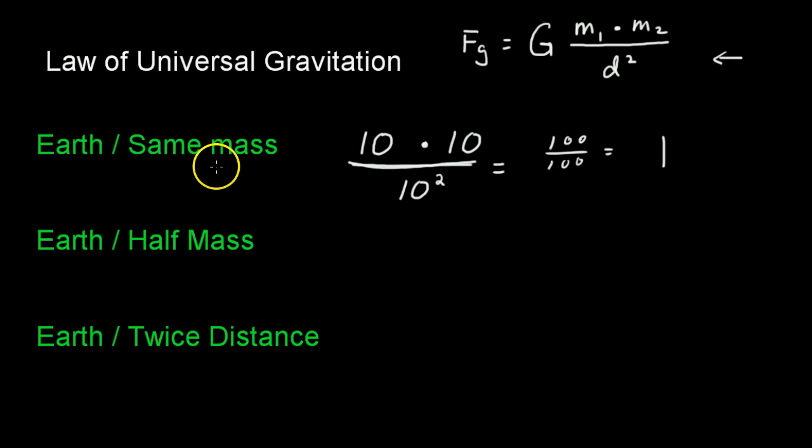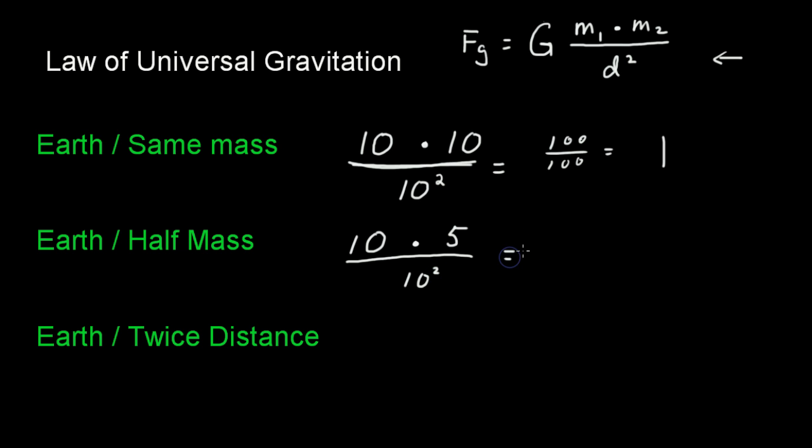So if it's the same mass here, and we get this number 1, what would happen if we take the Earth and we compare the gravity the Earth has with another planet that has half its mass? All right, but still the same distance away.